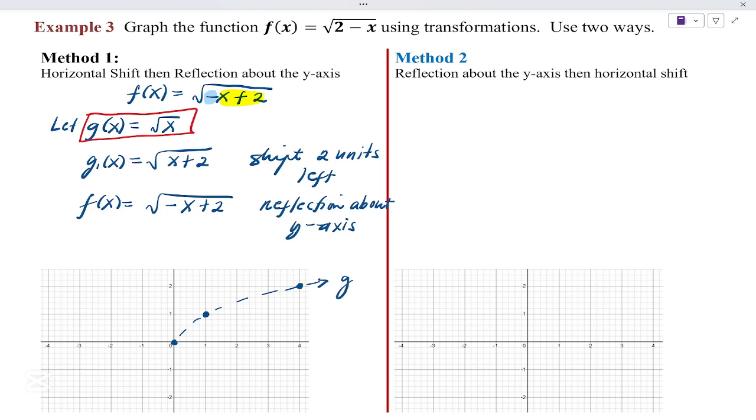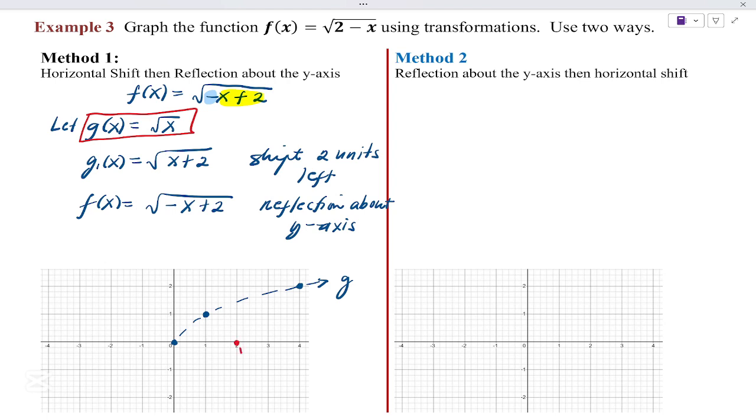And to graph the function f, we will follow the order of this transformation. So we have to shift every point 2 units to the left and then reflect about the y-axis. So the first point is 2 units to the left and then reflecting about the y-axis, so the point will be here.